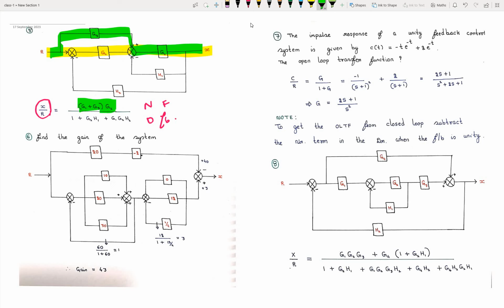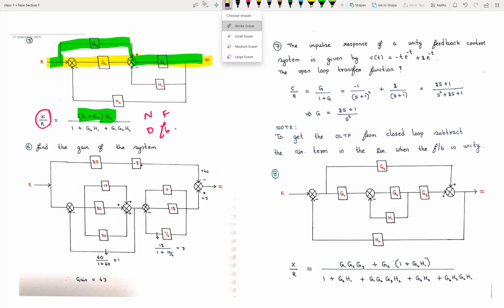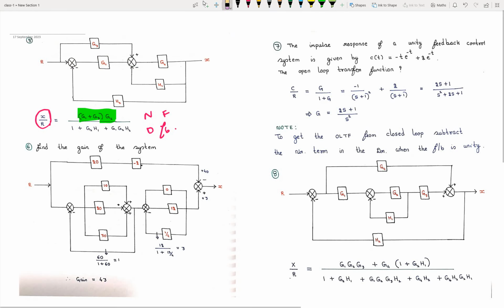Now coming to denominator part. Identify the loops.